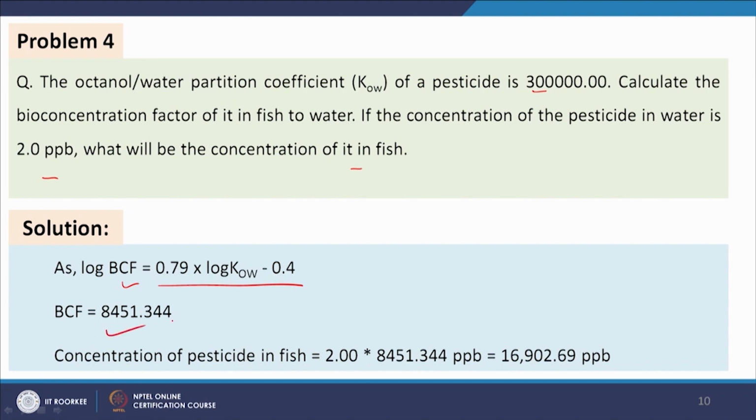So, concentration of pesticide in fish, we will be using the definition of it. The concentration is 2 ppb, that will be multiplied these times. So, that will be 16,902.69 ppb. Okay.